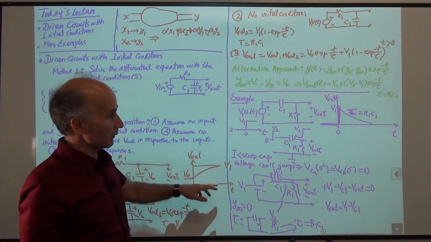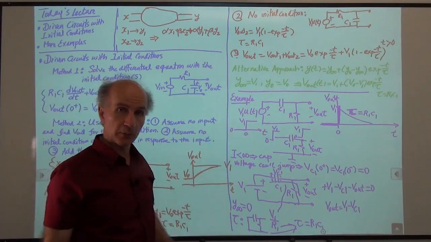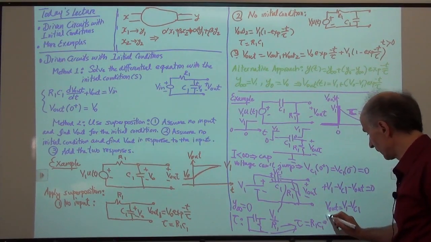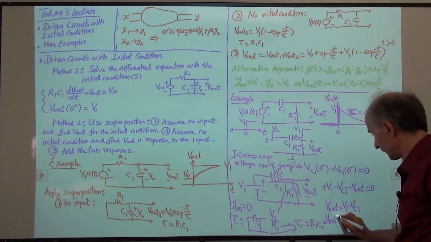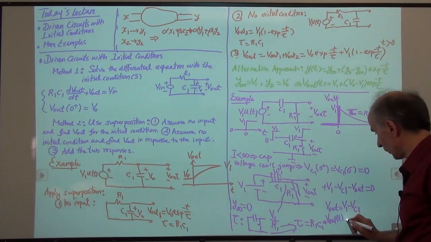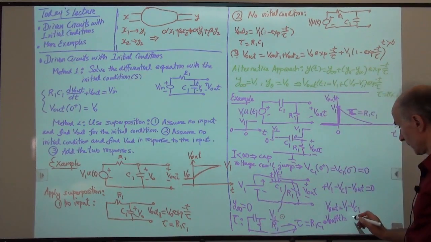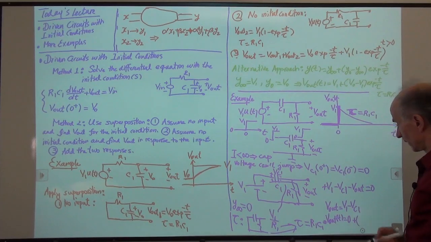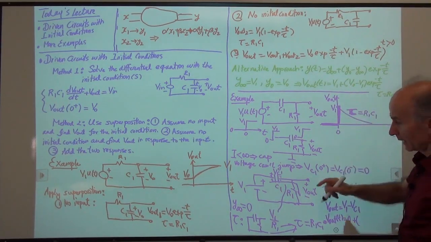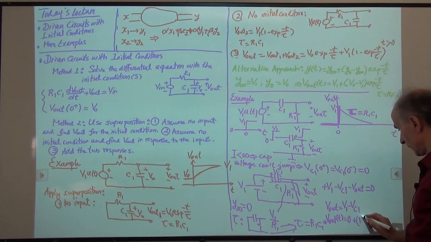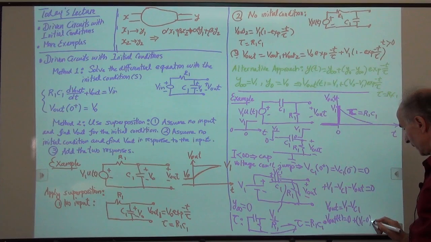And based on all of these that I have found, I can readily write the output, right? So I can say that V out of t is equal to the voltage at infinity. The voltage at infinity is 0, so 0 plus the voltage at time 0, and the voltage at time 0 we decided was V1, minus the voltage at infinity, times exponent minus t over tau.